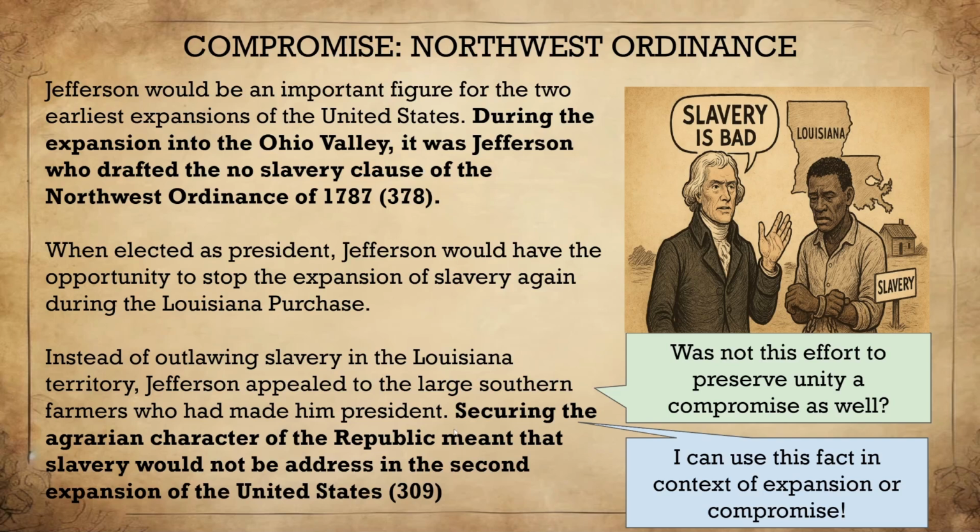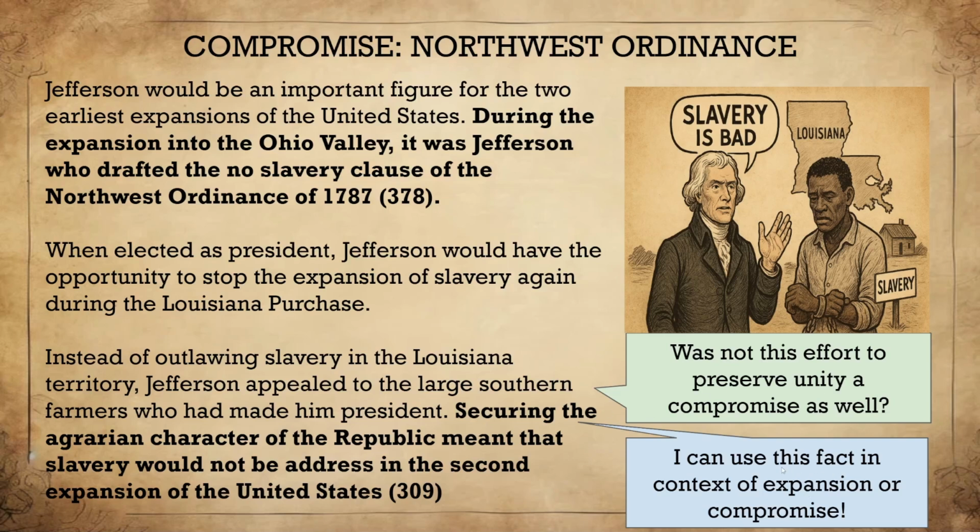However, we fast forward in time, and now it is the 1800s, and Jefferson is now President Jefferson. And he is also going to be in charge when America gets its second wave of expansion, one so large that it doubles the nation, the Louisiana Purchase. Now, again, you may be thinking, well, this is about expansion.